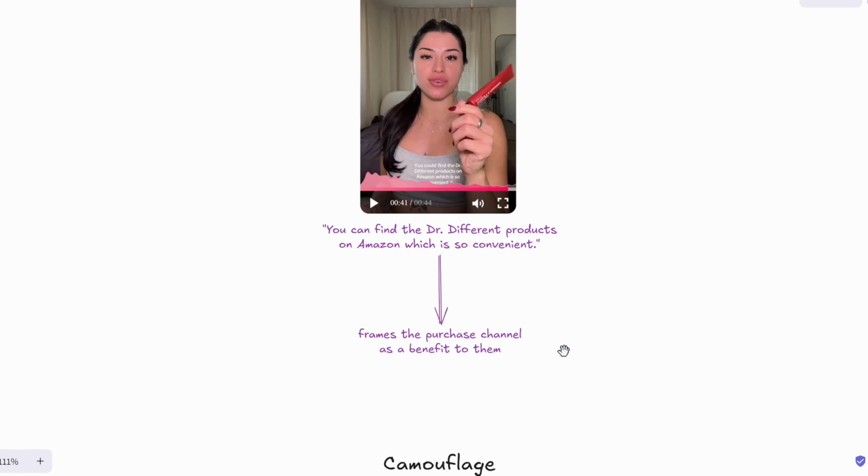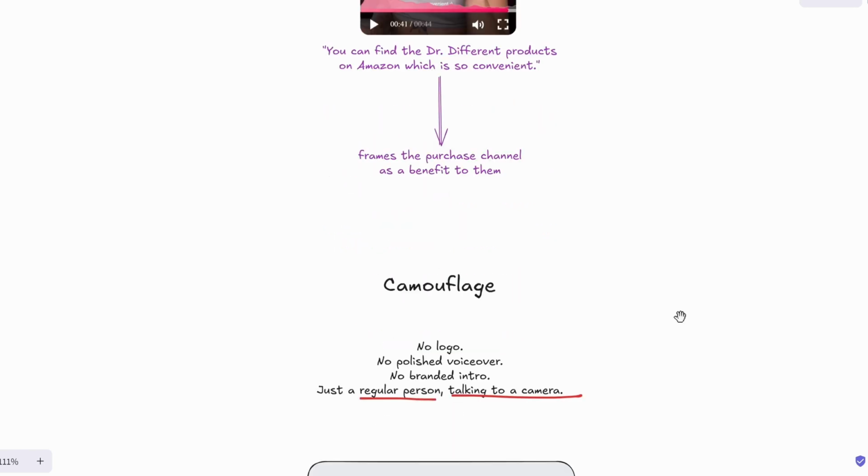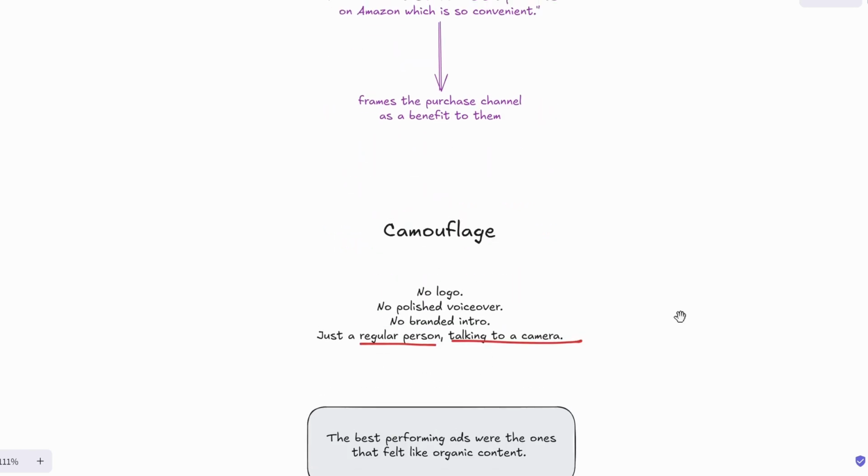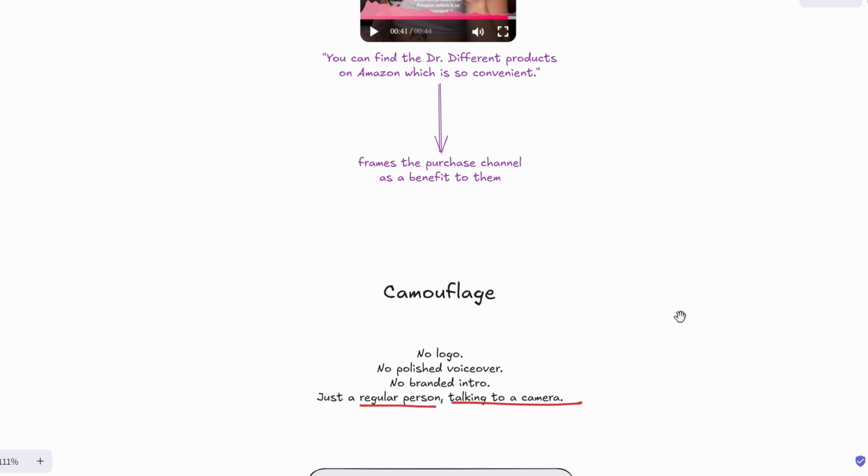So convenient isn't a directive, it's a reassurance. The viewer doesn't feel sold to, they feel like a friend just made their life easier by telling them exactly where to go. The through line across both is the same. The best CTAs today don't feel like CTAs, they feel like the last piece of genuine advice from someone who has been talking with you, not at you.